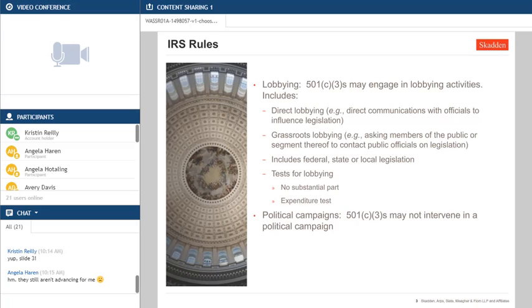You can't hold fundraisers. You can't do anything like that. Now, most charities are savvy enough to know that they can't do the really blatant kind of engagement in political activities, like holding a fundraiser or coming out and endorsing a candidate.